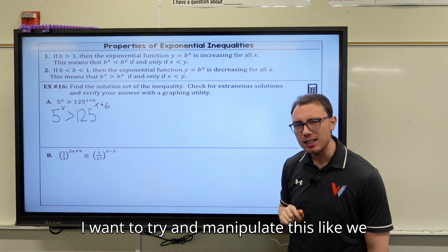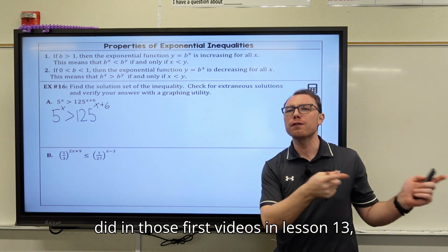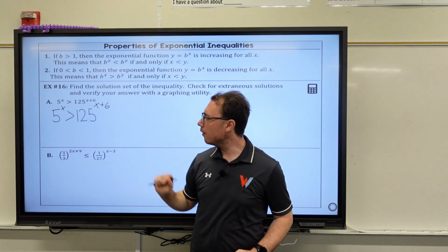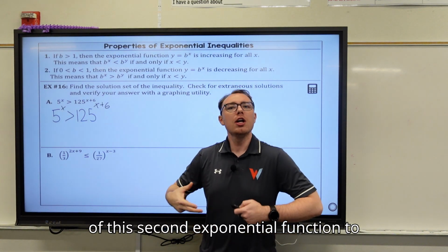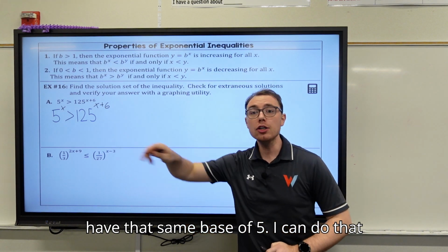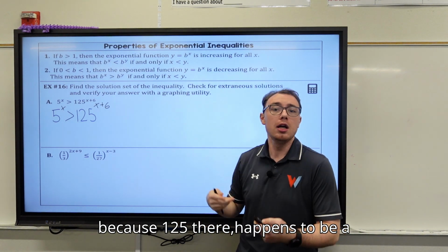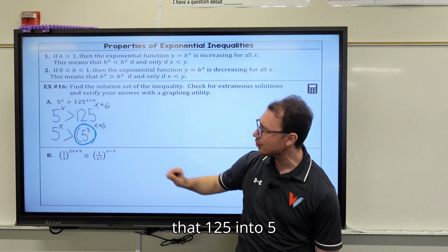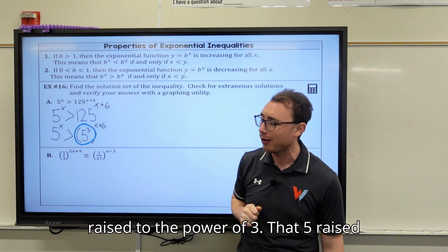I want to try and manipulate this like we did in those first videos in lesson 13, changing the base of the second exponential function to have that same base of 5. I can do that because 125 happens to be a power of 5. All I'm really doing is converting that 125 into 5 raised to the power of 3.